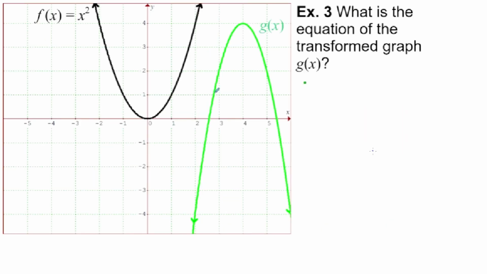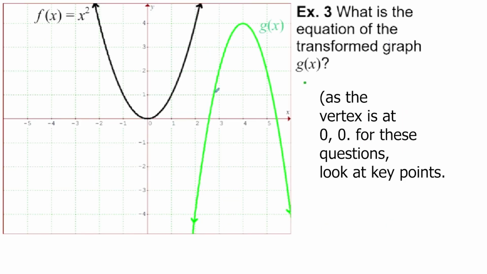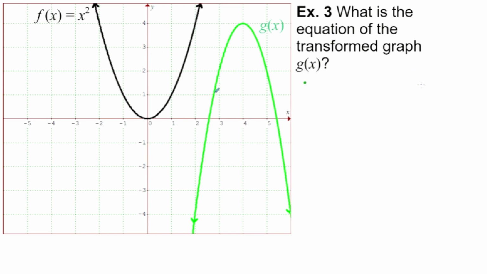So first thing here, the vertex is unaffected by stretches or reflections. So we can just find out where it was translated. So the vertex went 1, 2, 3, 4, 4 units up, and 1, 2, 3, 4, 4 units right. 4R, 4U. Okay, 4 right, 4 up. Now, obviously, this is reflected in the x-axis.